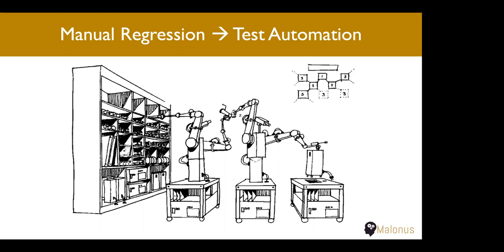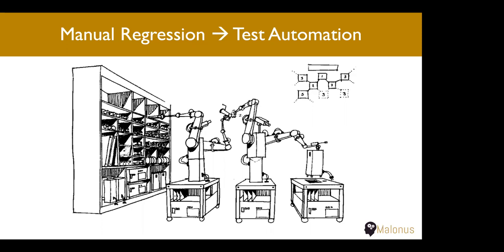For a couple of sprints you should be able to do the manual regression, but when you start moving towards the 10th iteration or 20th sprint, you may be losing track, and manual regression is no more sufficient.